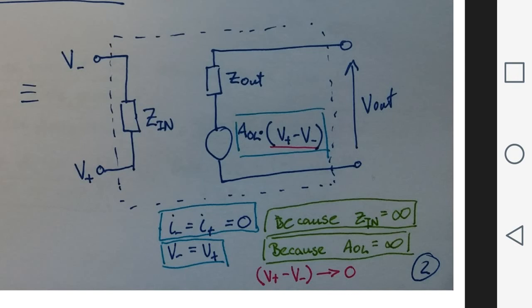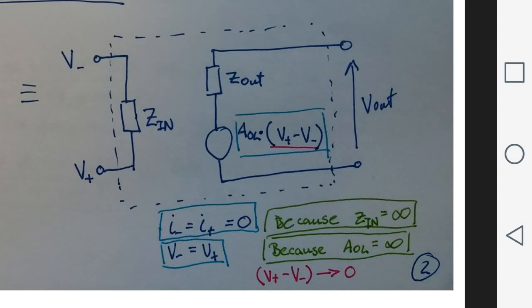And here below you can see equations that tell that the currents from the non-inverting and the inverting input should be equal and should be 0 for the ideal model, because the input impedance is infinite. And then the inverting potential voltage and the non-inverting potential voltage should be equal, because the open loop gain is infinite.